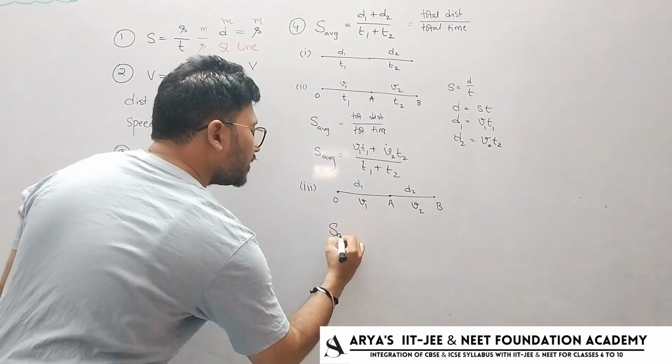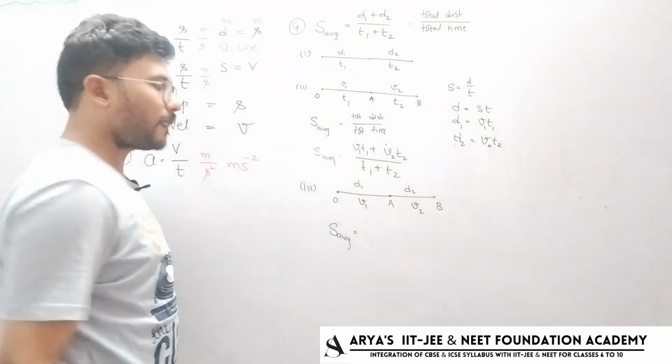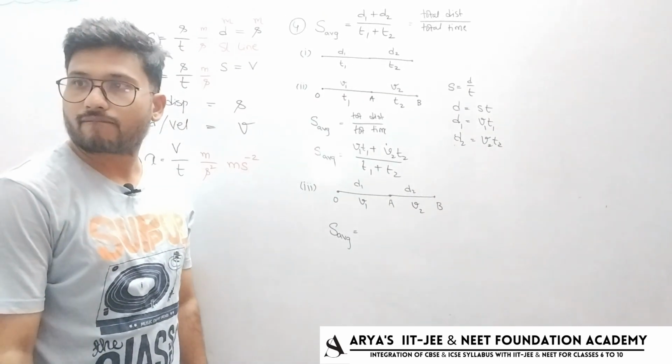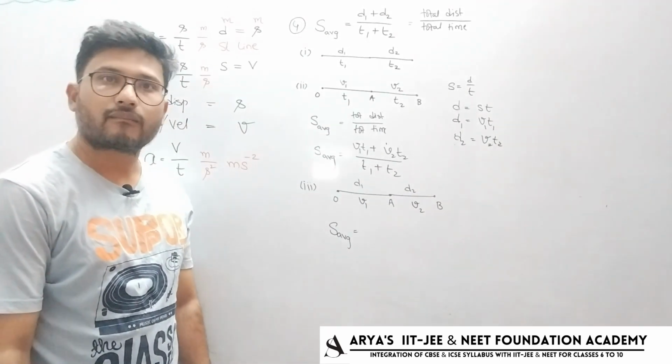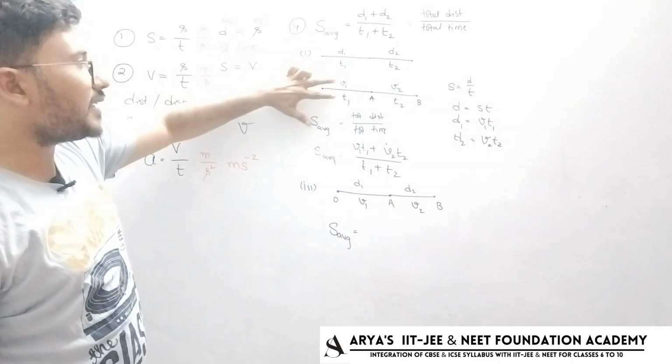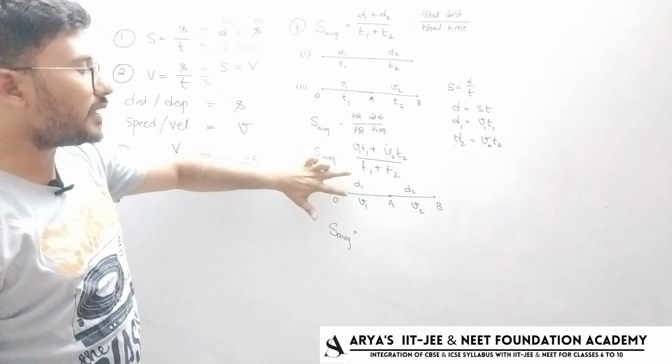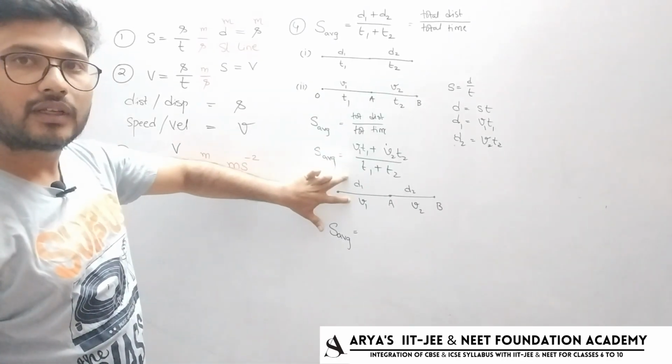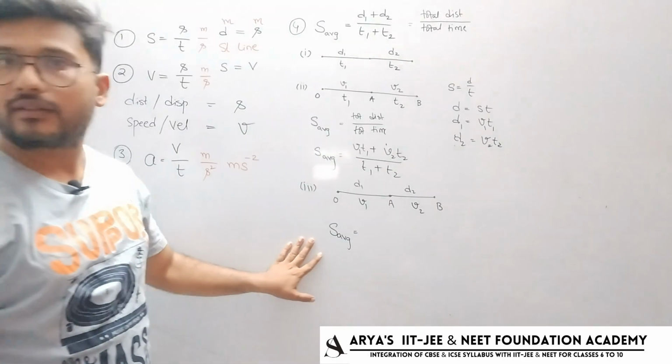Then find S average. So in first case we have distance time, in second case we have speed time, in third case we have distance and speed. Now I need average speed. How to go?